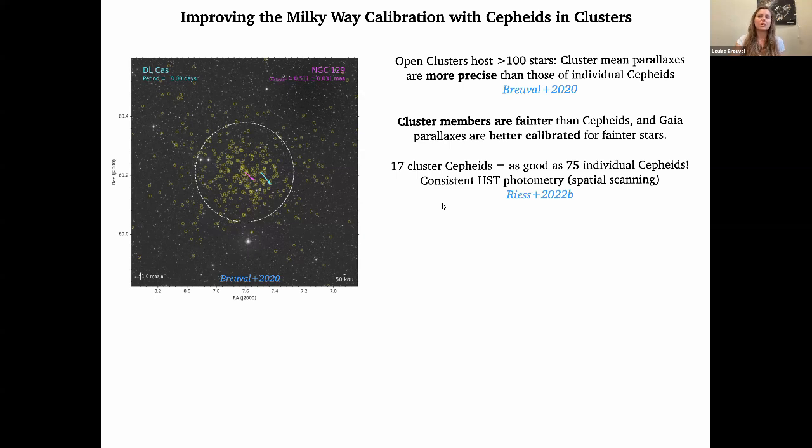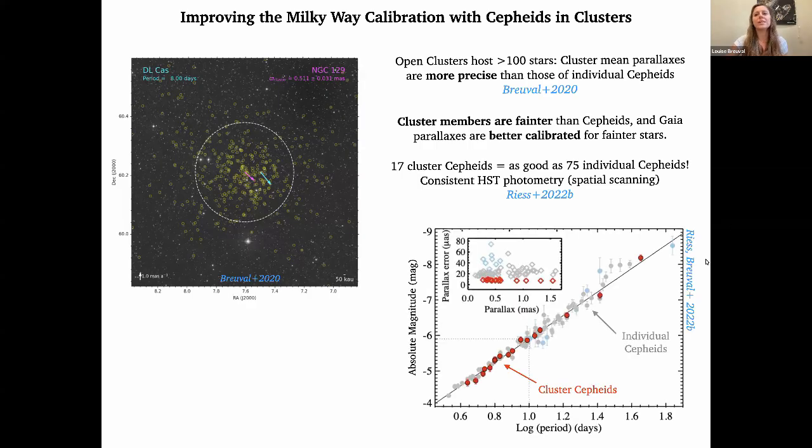And we observed consistent HST photometry. Even if these Cepheids are very bright, we observe them with spatial scanning to avoid saturation, which is again a very consistent way to get the photometry. And we obtain a very tight PL relation shown in red here for cluster Cepheids as compared to in gray individual Cepheids.